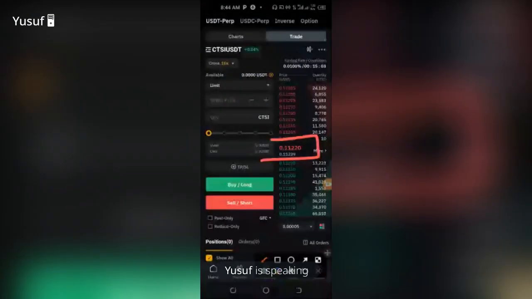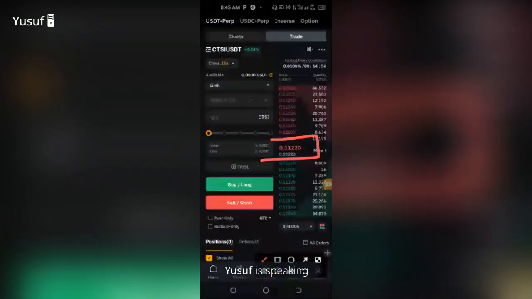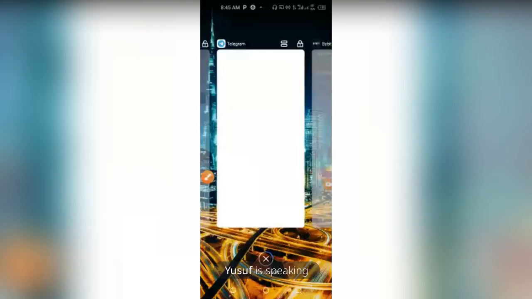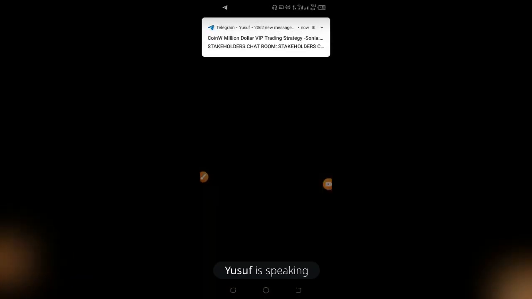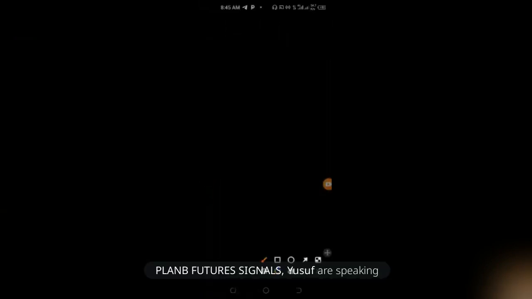The question is, am I too late for this signal or can I still enter? Compare the price. As it comes down below this 0.11220, you then come to the signal again, 0.12274. So it's still within the range.